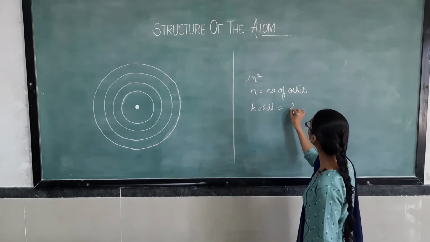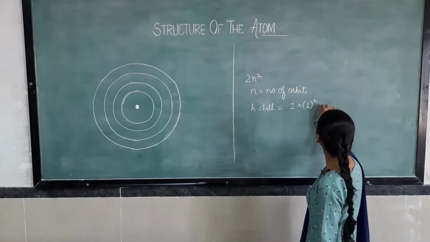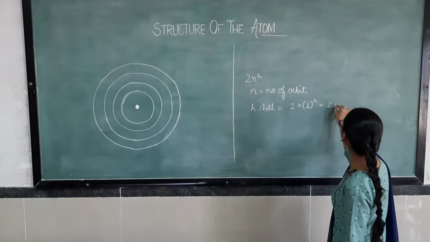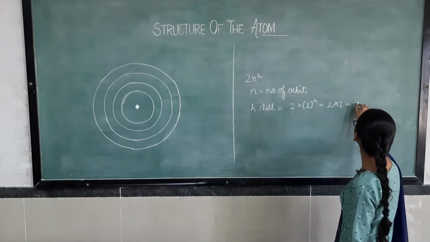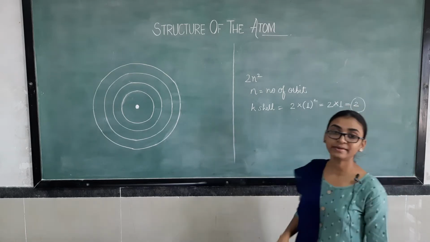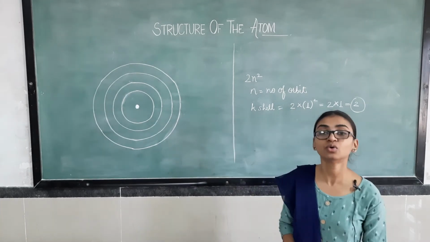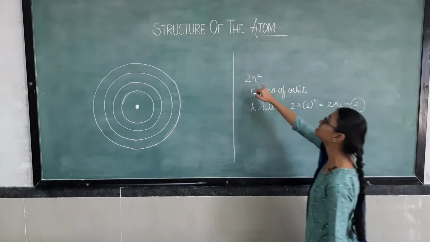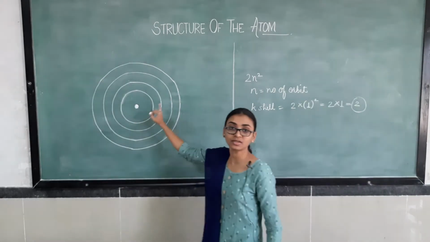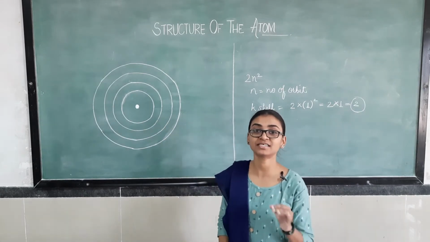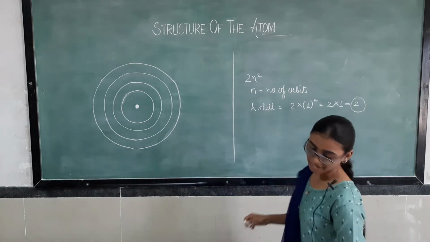So 2 into 1 square, 1 square is 1, equals 2. So the maximum number of electrons that the K shell can have is 2. From the 2n square formula, we got to know that the K shell will accommodate 2 electrons.